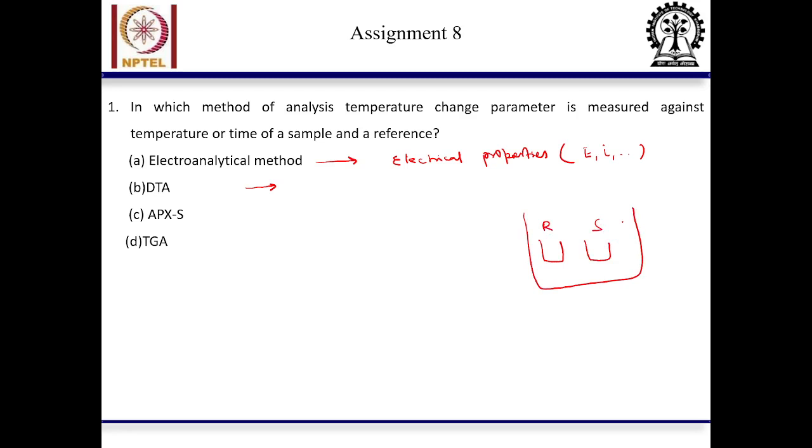We heat this sample. If TR, the reference temperature, is equal to TS, it means no reaction is happening. If TS is greater than TR, the sample is evolving heat, which means this is an exothermic reaction.